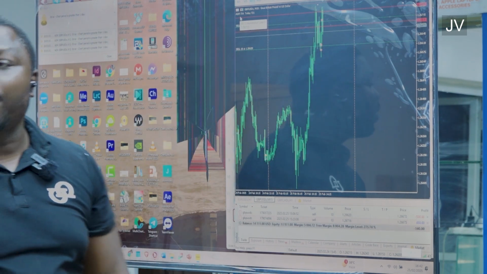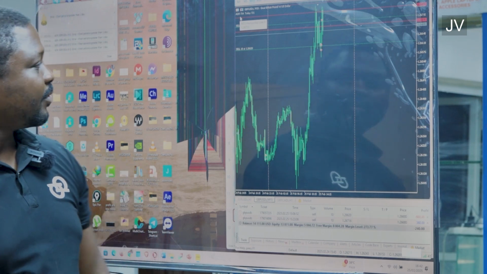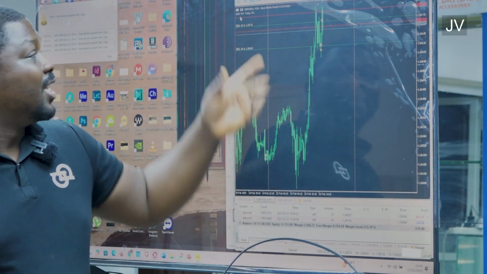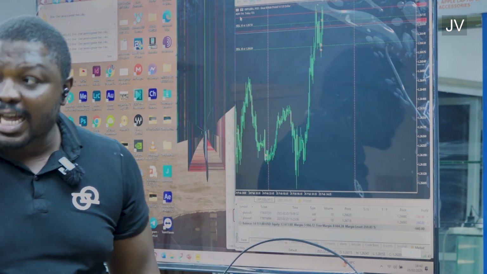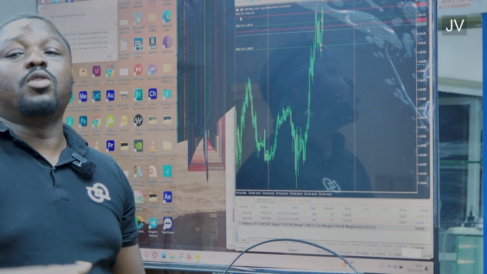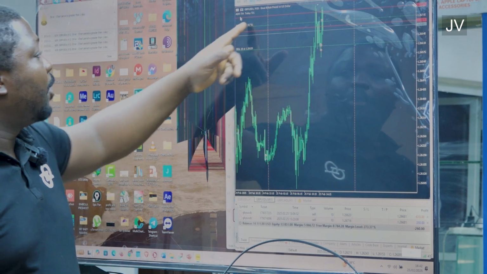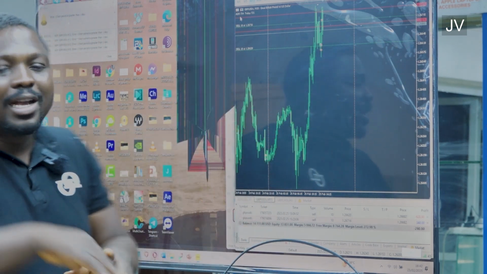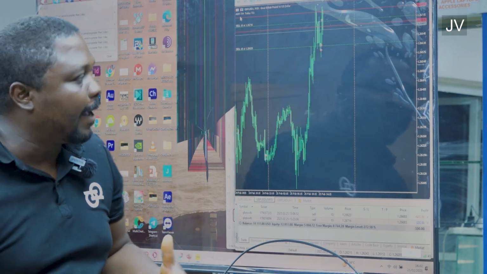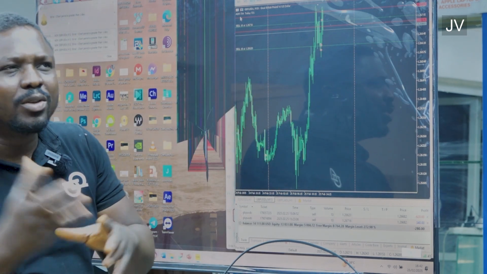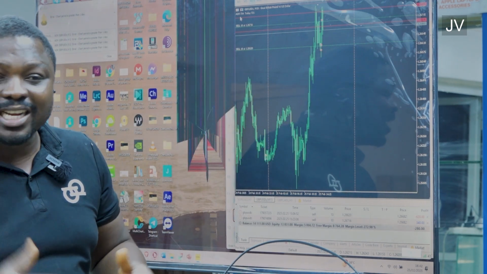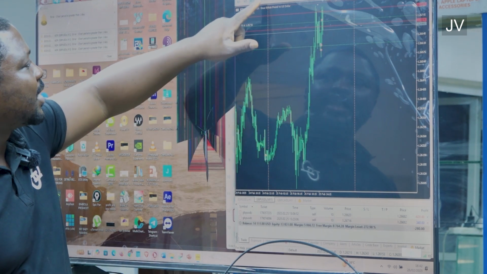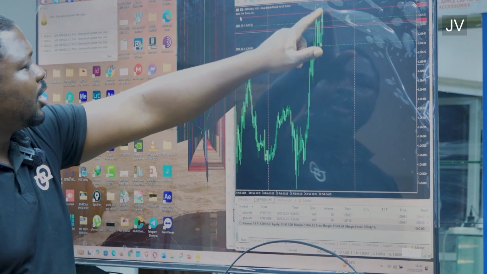So it's 73.4 pips, or you can call it 734 points. They use points. So if we are using pips, it's 73.4 pips. That is the average it is supposed to move today, according to the 10 candlesticks. Meaning that within 10 days, averagely, it has moved this much. Then now, looking at it, see this movement.